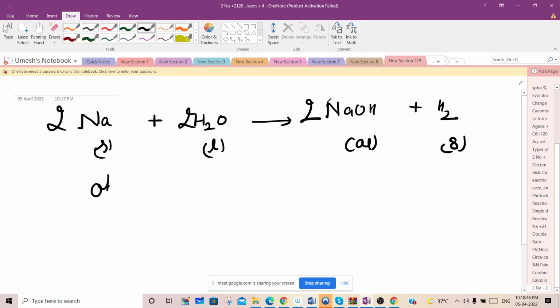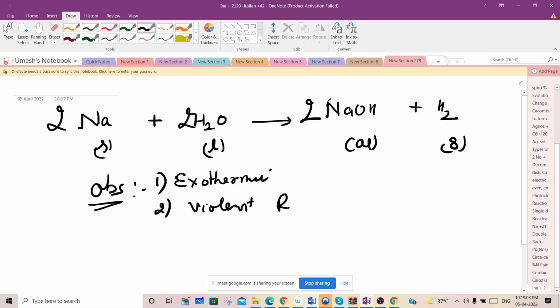Okay. Now what are the observations? The question was what happens. Now observation. This reaction is exothermic. It is a violent reaction. Hydrogen gas catches fire.